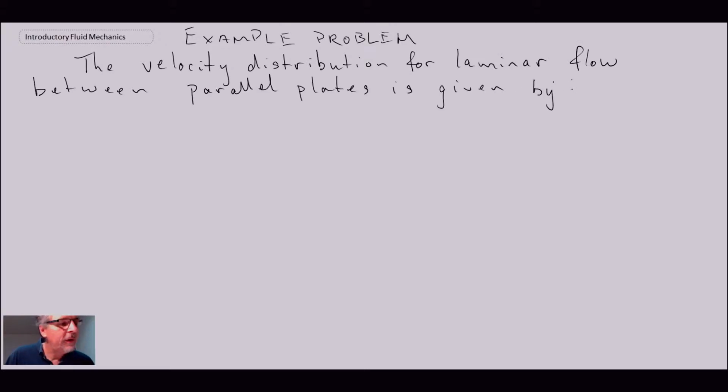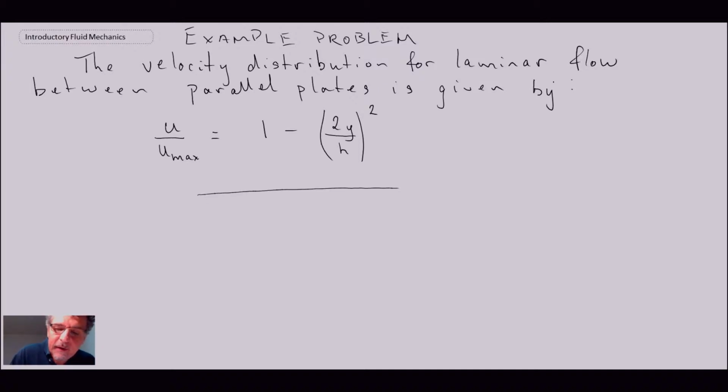So we're told that the velocity profile, this is the given, it's going to be u as a function of some maximum velocity between the plates. Is this equation, and the geometry that we're dealing with looks something like this. So we have an upper plate, and both of the plates are fixed, they're not moving.